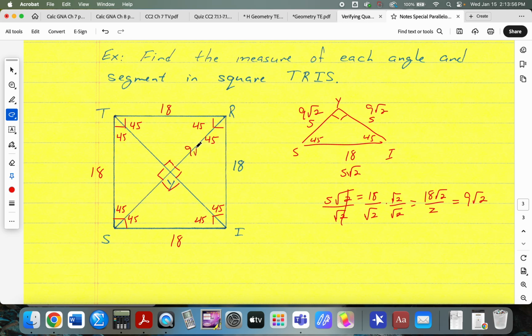So all these half diagonals are 9 square roots of 2. All right, any questions about that?